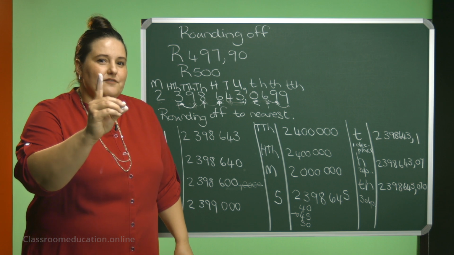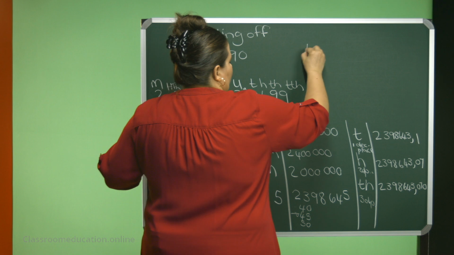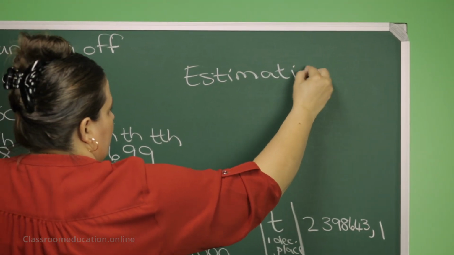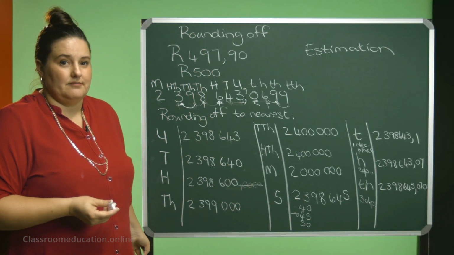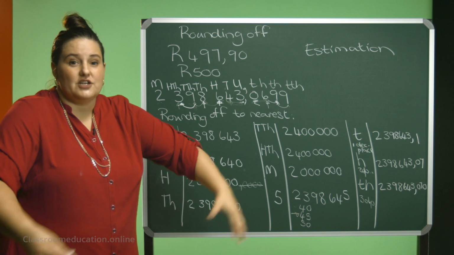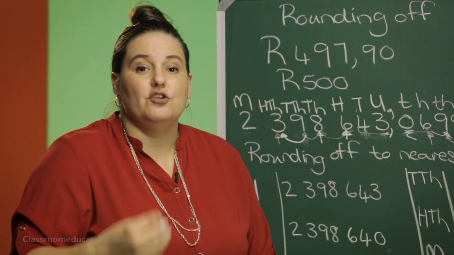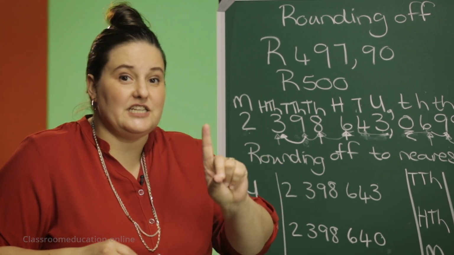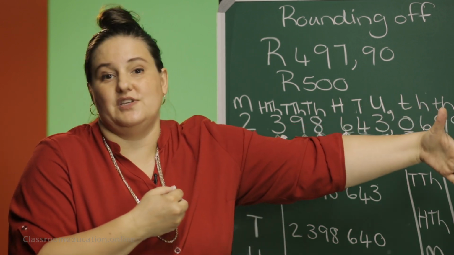Let's just quickly have a look at what is estimation. If you need to estimate something, it means that you are actually rounding off. But how are you rounding off? You are then rounding off by writing the first digit as a non-zero and all the others as zeros.